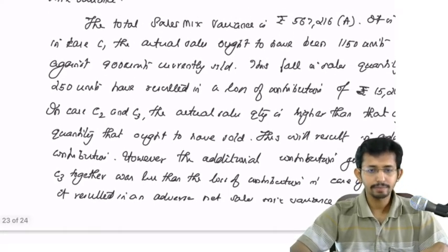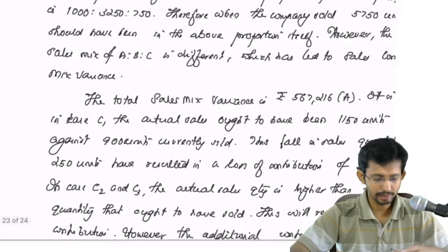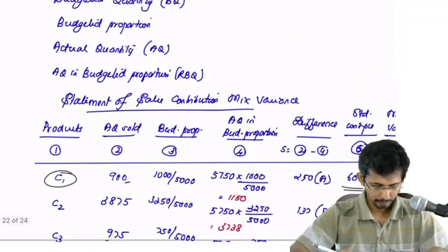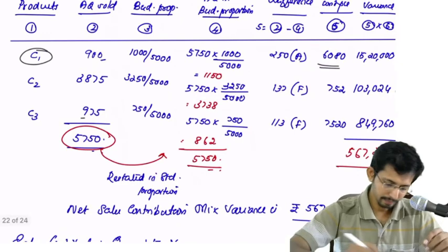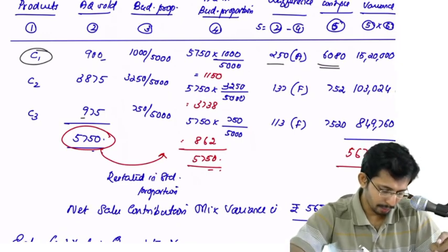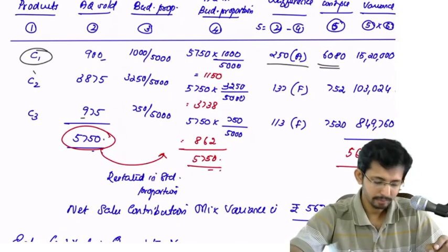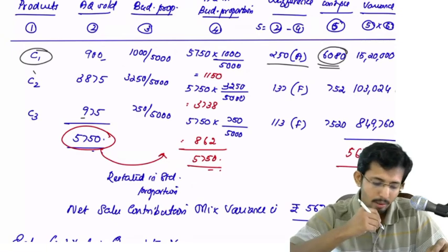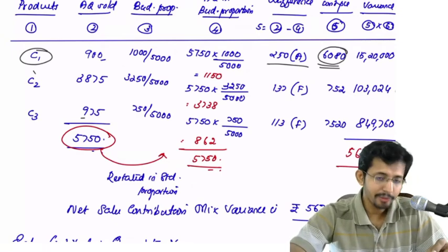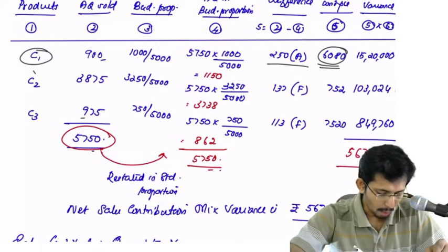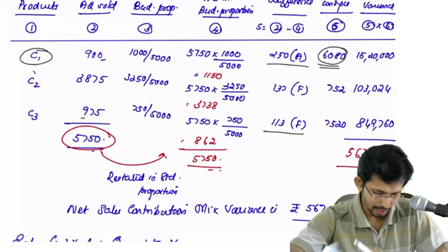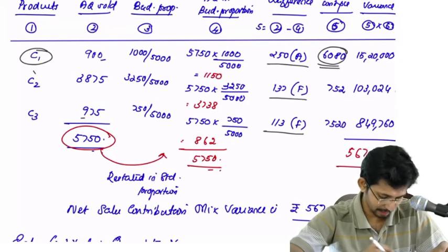And even then what you can find is, if you see the sales mix variance, the difference is 250 adverse in case of C1, and what is the contribution here? 6080. Now this 250 adverse is offset by 130 favorable in case of C3 and 137 favorable in case of C2.